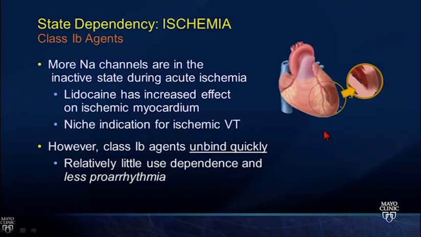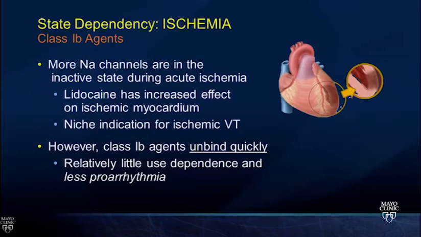Now, another concept to remember for the boards is the state of the tissue. Generally, lidocaine and mexiletine are not effective in normally perfused tissue. If you have an ischemic myocardium, the sodium currents are depressed, and lidocaine has significant effect on an ischemic myocardium, and that is the reason we tend to use it in ischemic VT.